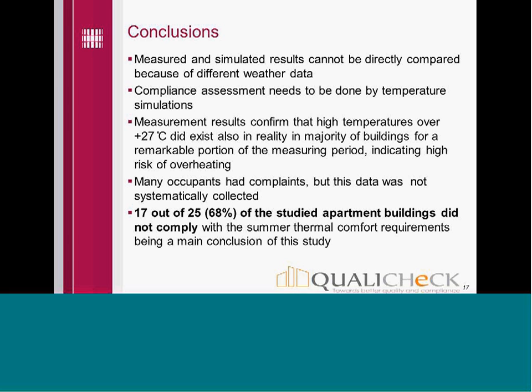So the main conclusion was that 17 out of 25 did not comply with the requirement, showing that this requirement really needs to be taken more seriously, and more careful temperature simulations will be needed in the design phase. Necessary passive measures like window airing, solar shading, size of the windows, balconies and so on should be applied to fulfill this requirement.